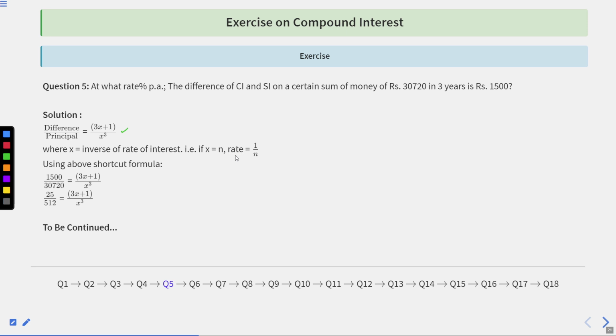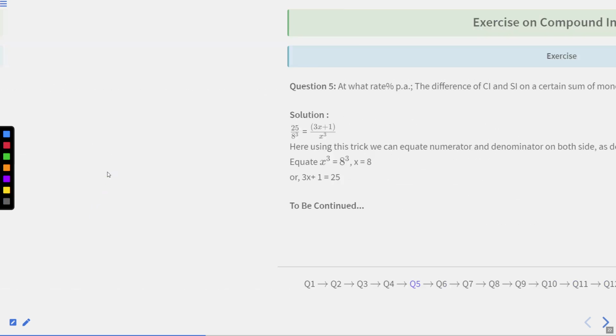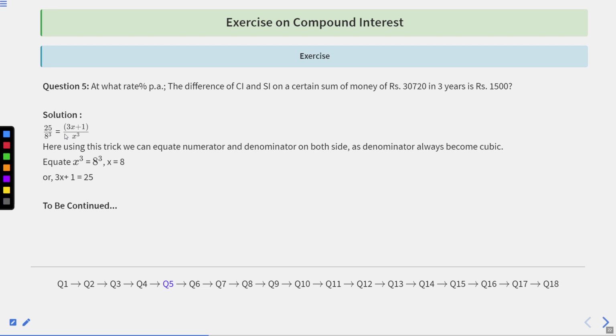That is, if x is equal to n, the rate is equal to 1 upon n. And using the above shortcut formula, 1,500 upon 30,720 is equal to (3x plus 1) upon x cube. So 25 upon 512 is equal to (3x plus 1) upon x cube. So we can write 25 upon 8 cube equal to (3x plus 1) upon x cube.